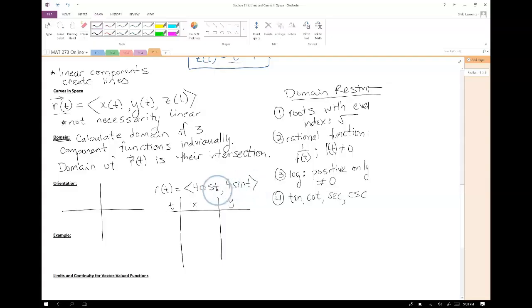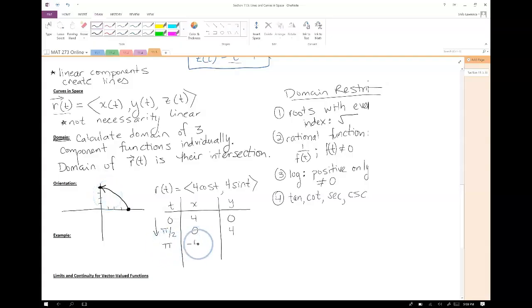Since t is inside of a trig function, I'm going to pick values where it's easy to take sine and cosine. If t is 0, we get an x value of 4 and a y value of 0, so our first point is on the x-axis. If we plug in t equals pi over 2, we get x equals 0, y equals 4, so we're up on the positive y-axis. As t gets larger, we are moving in a counterclockwise direction.